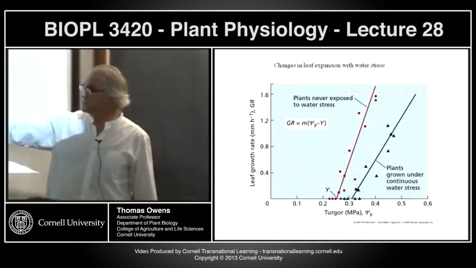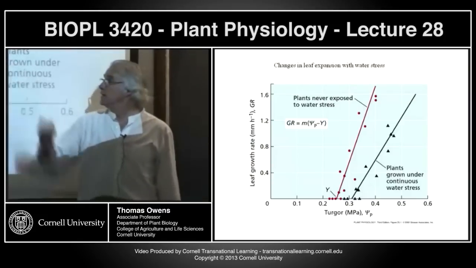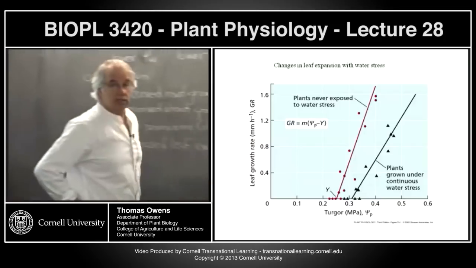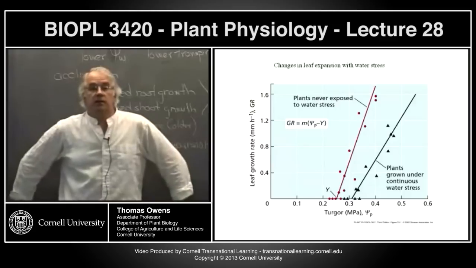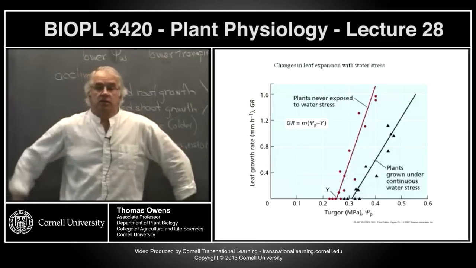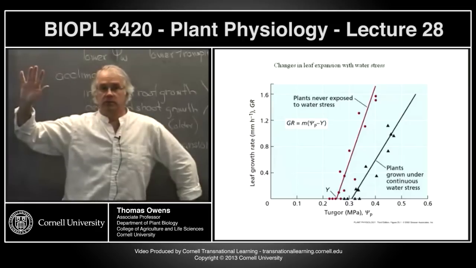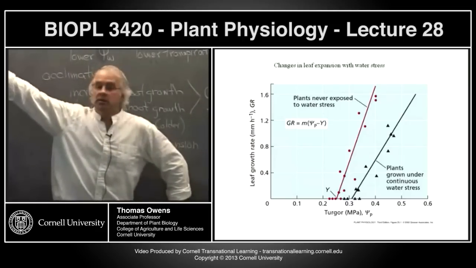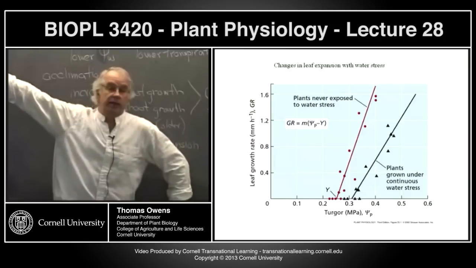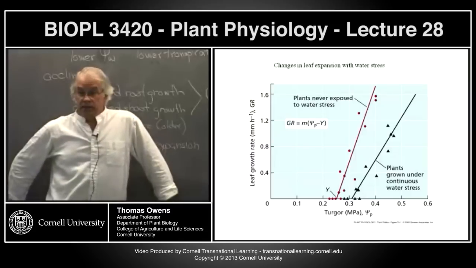And we're plotting these as a function of turgor pressure for well-watered plants and for plants grown under water stress conditions. Somebody explain to me the difference in these two graphs. Not why they're different, just tell me what's different. What is this telling us about the differences in the leaves between plants that are grown with plenty of water and plants that are grown in limited water?